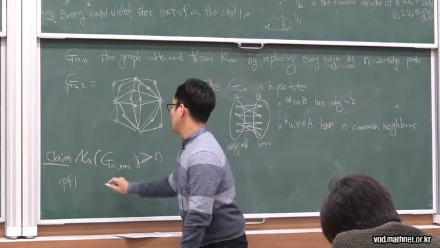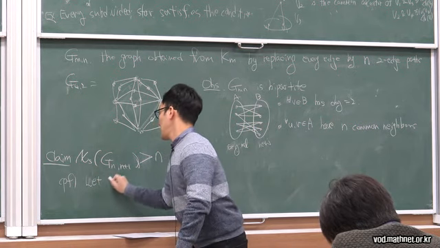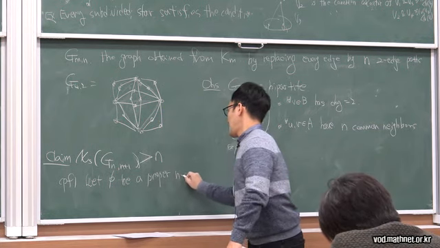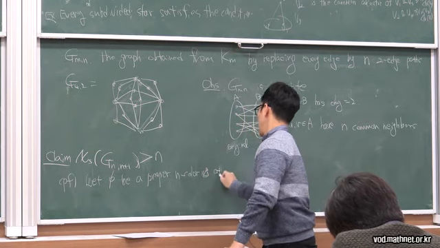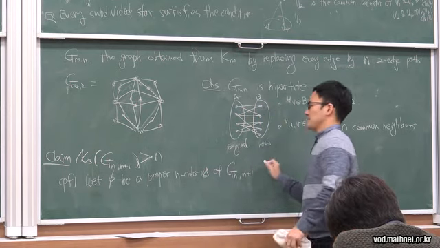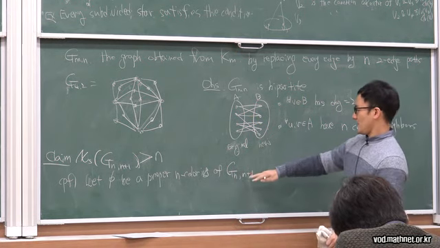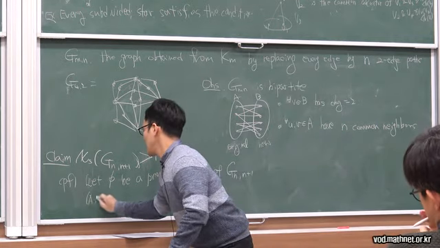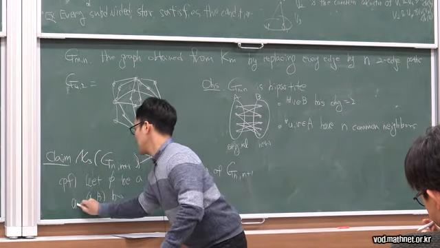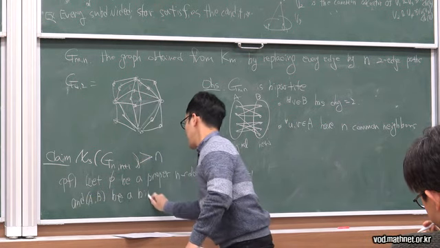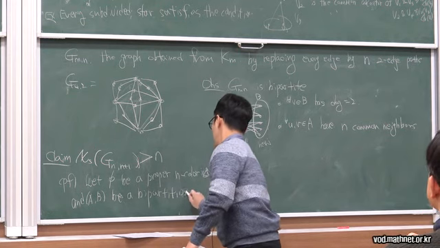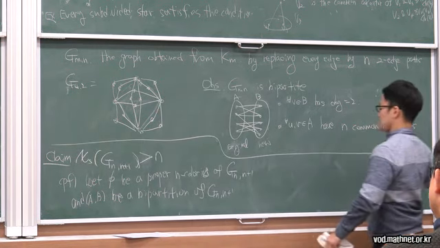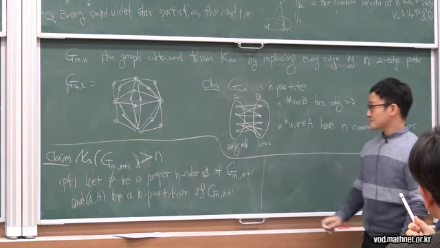Just consider it, and we have the bipartition of G(n+1, n).